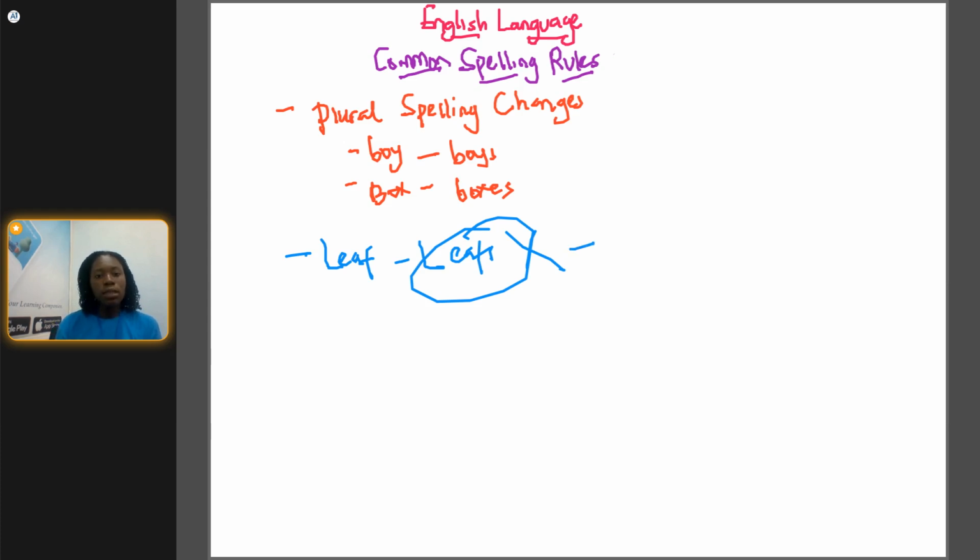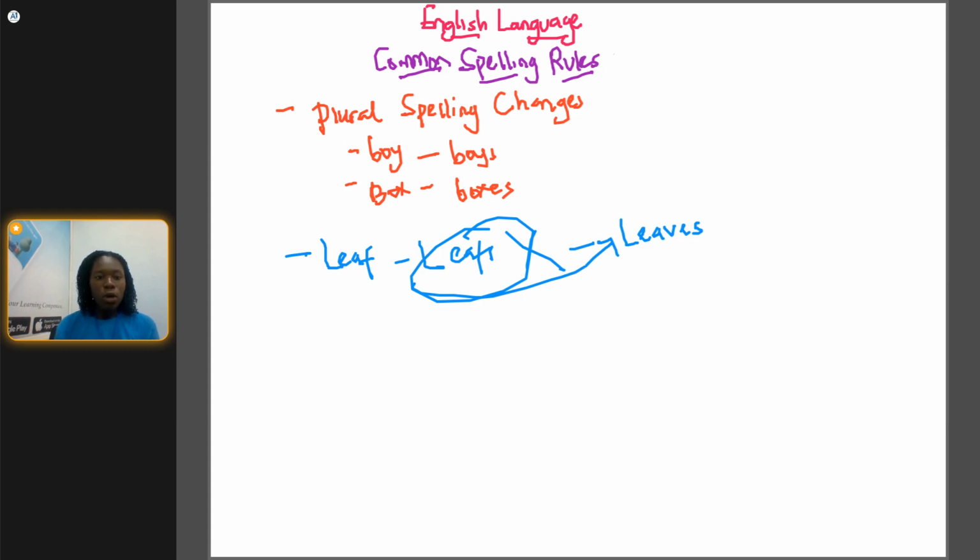Now it becomes leaves. So when you have leaf, we already know that this is a singular noun and it changes its spelling when it turns to plural.